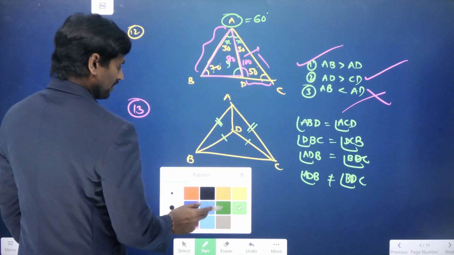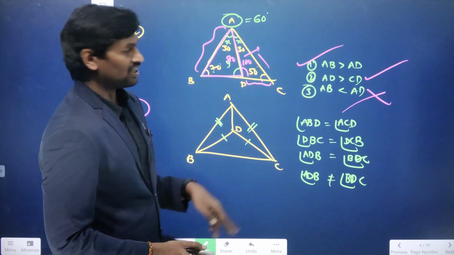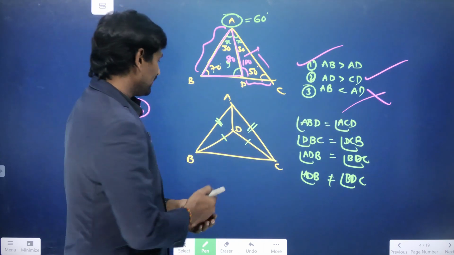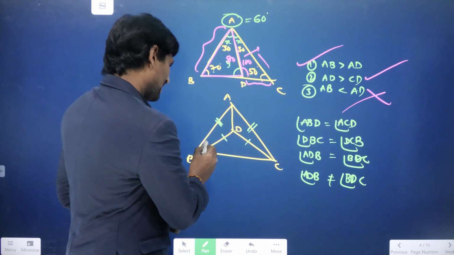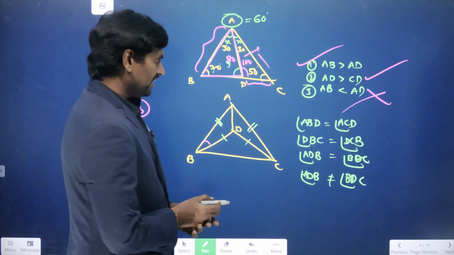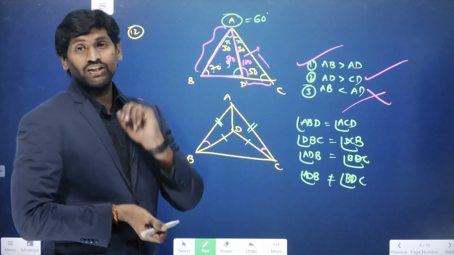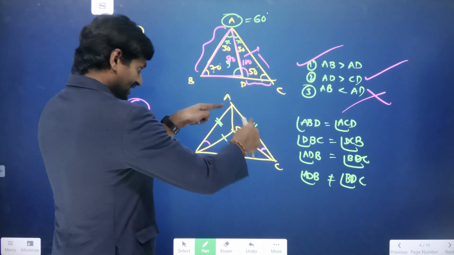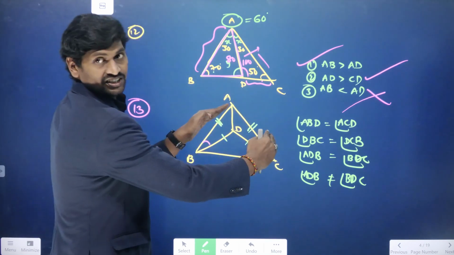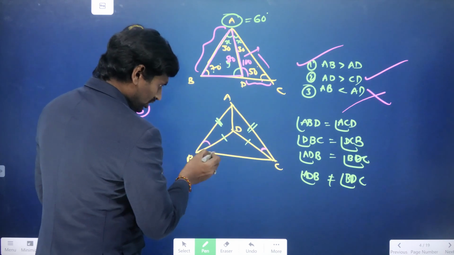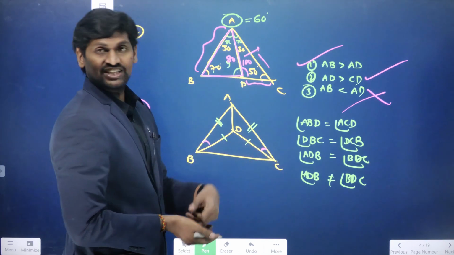Let us check one by one. First we are observing ABD and ACD. ABD means this angle, and ACD, these two are equal. Now while you are observing here, in triangle ABC, AB length and AC length are equal. So the entire angle B and angle C are equal.